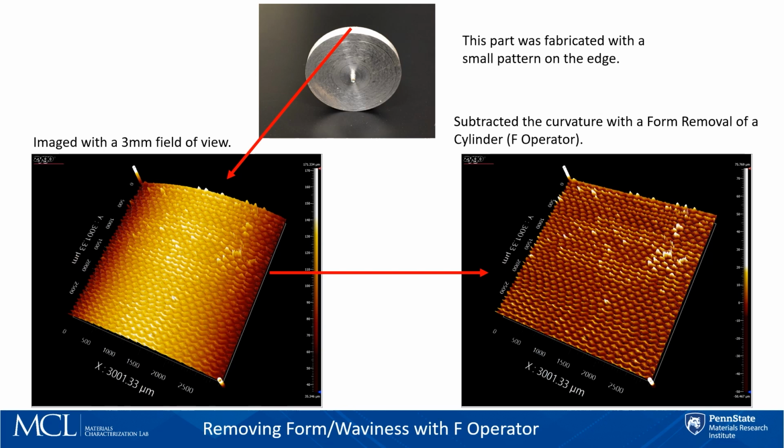So there are times when we want to look at the waviness and not the roughness, and then there are other times when we want to look at the roughness and not the waviness. So in this example here, if I do a form remove of a cylinder, and basically that's an F operator, I'll get into that in further slides. Essentially, I'm now removing that form and now looking at the roughness superimposed on that cylinder-based shape.